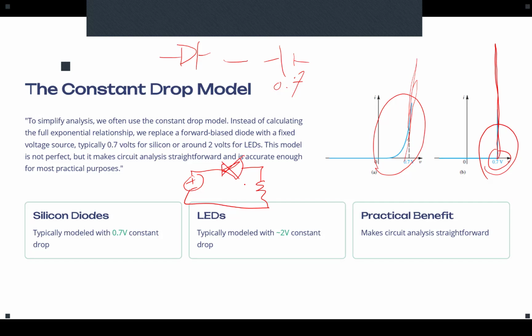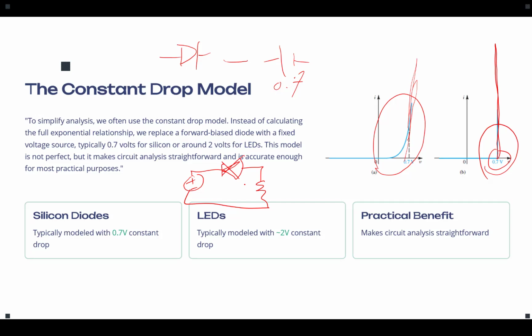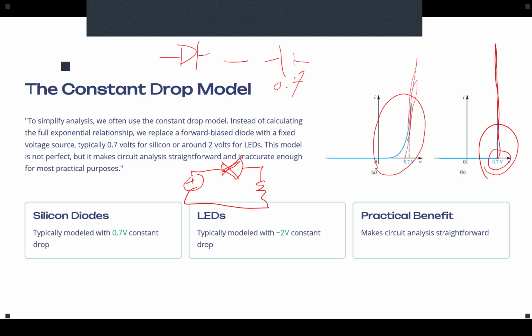Are we good so far? So that's how that constant drop model will simplify the analysis for us when we talk about a circuit that contains any type of diode. Now, remember, we said that a silicon-based general diode has 0.7 volt as the voltage drop.